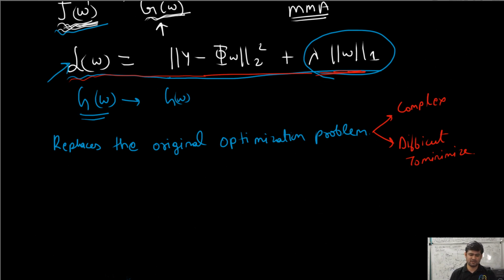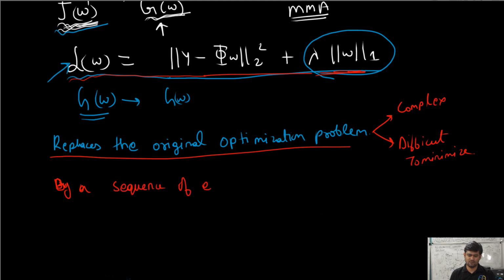So the majorization minimization algorithm replaces the original optimization problem by a sequence of easier optimization problems which are perhaps easier to minimize, and that's why we'll do that.